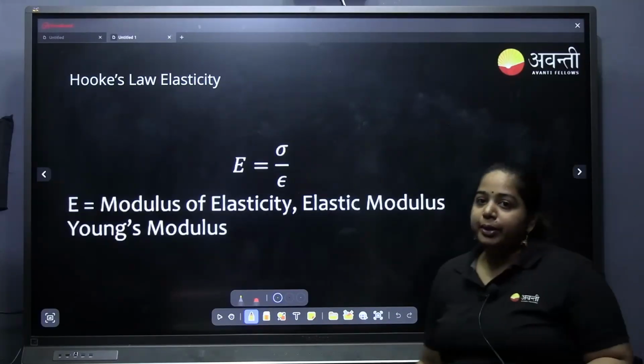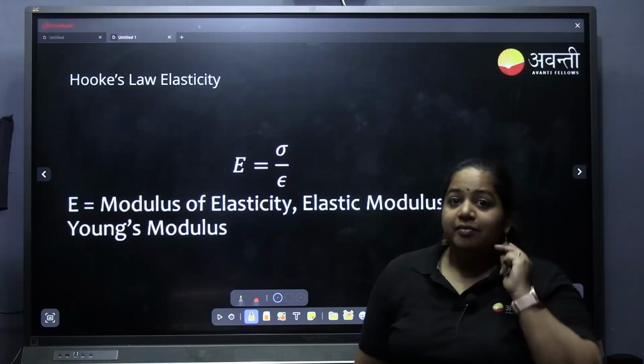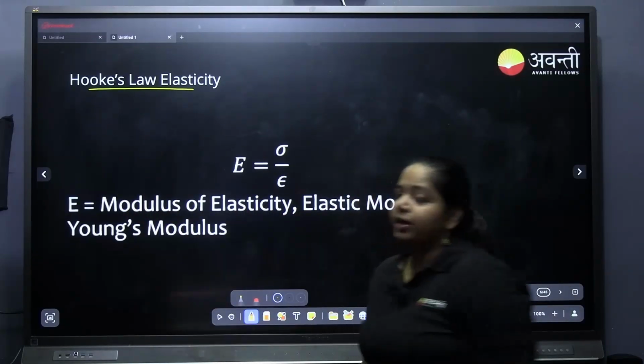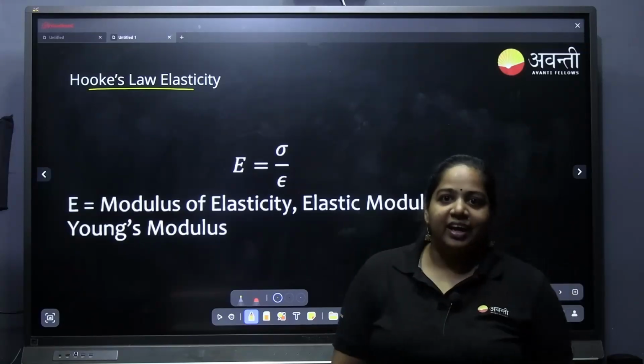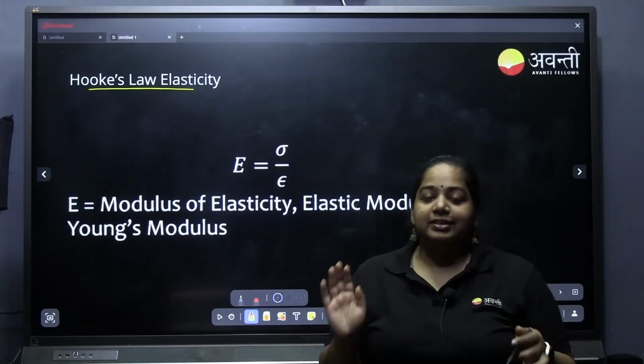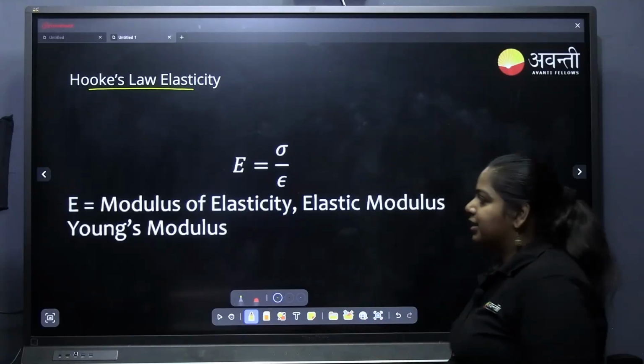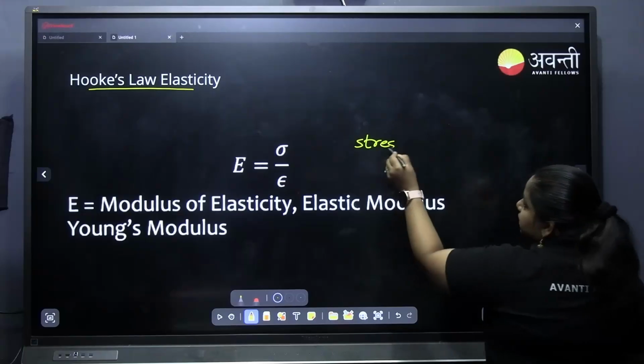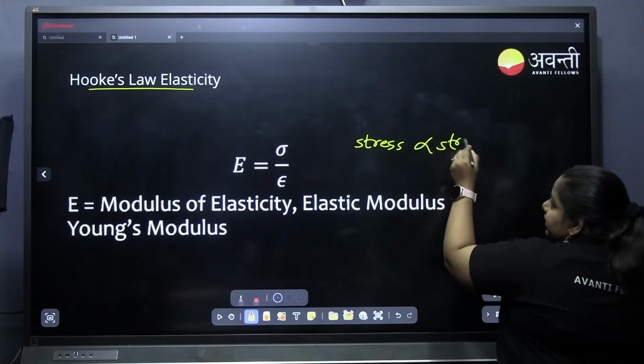Coming to modulus of elasticity, we get that by Hooke's law of elasticity. Hooke's law states that under elastic limit, stress is proportional to strain.